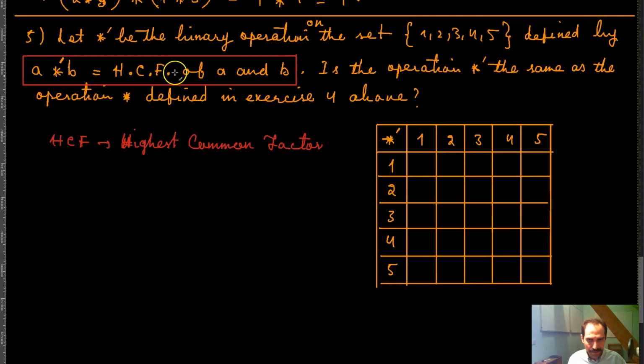And what that means is that, for example, suppose that you have the numbers 1 and 1. So 1, you can write it as 1 times 1. And 1 again over here, you can write it again as 1 times 1.